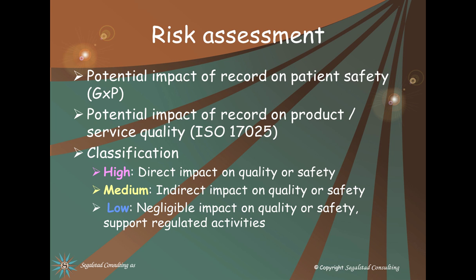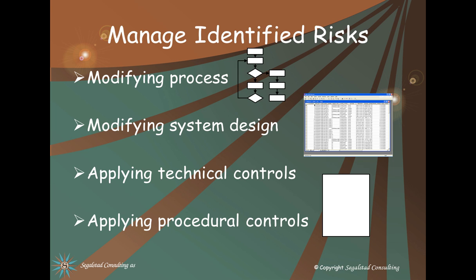And also impact on records on products and services for the ISO 17025. We're generally using 3 classification levels: high, which could cover cleaning, deviation and investigation, batch records; medium, training, calibration, approvals and authorizations; and low could be planning documents.